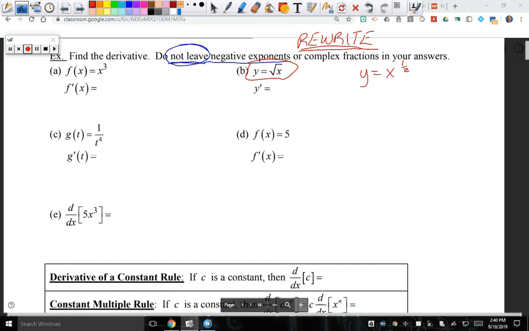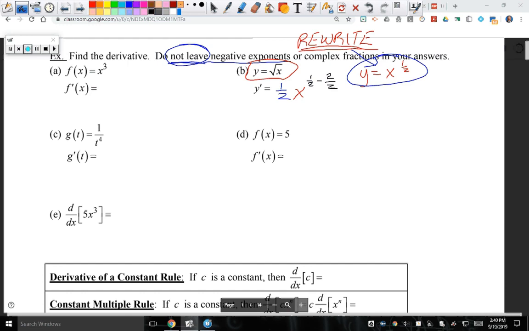Because this is the power rule, this is the suggested form, because the rule says bring the power down, multiply by the base, and raise it to the power of n minus 1.